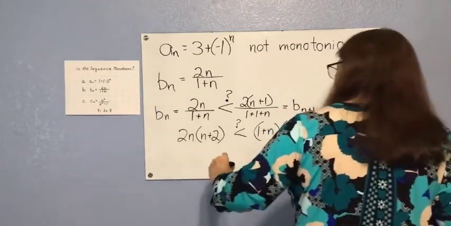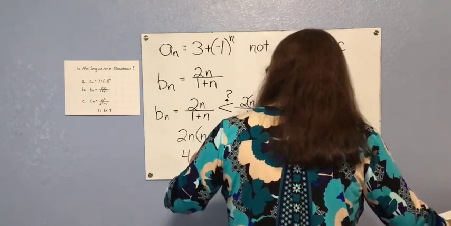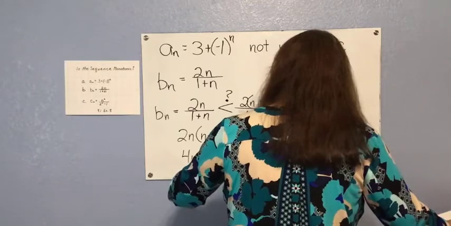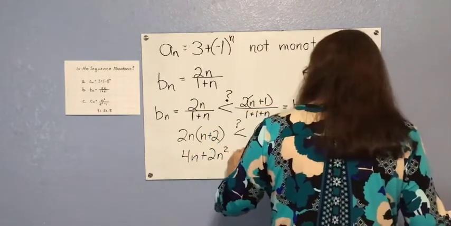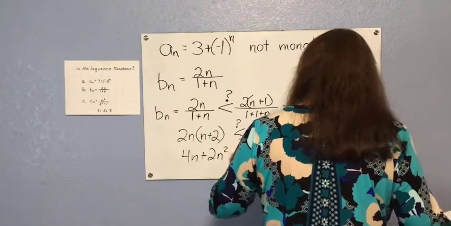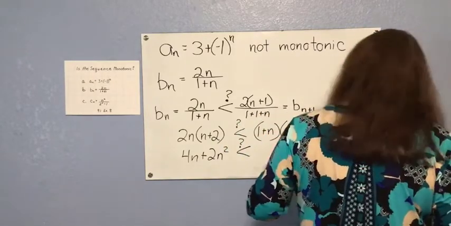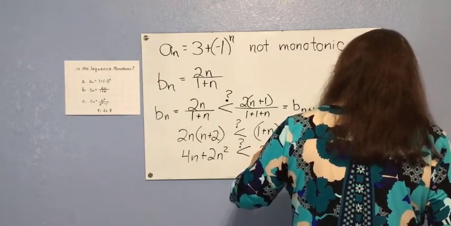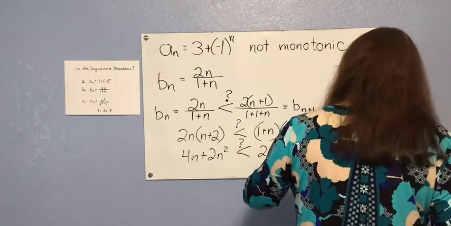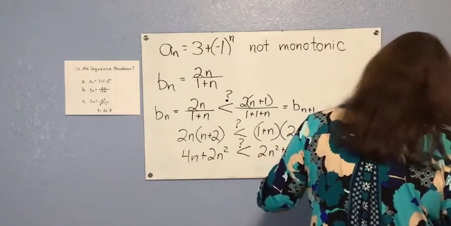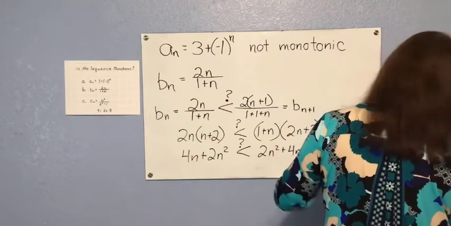Over here, I'm going to get 4n plus 2n squared. And on this side, I'll get 2n squared plus 4n plus 2.